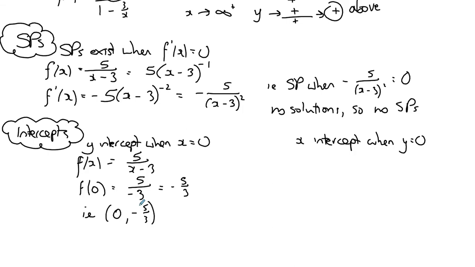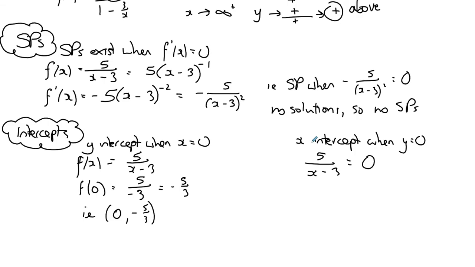And there may not be either a y or an x-intercept or both, so you might sometimes get one or the other. It just depends on the nature of the curve. X-intercept when y equals 0, they're usually a wee bit harder to find. We sometimes might have to solve a polynomial equation, so we'll see what happens here. So our function is going to be, this time, 5 over x minus 3 equals 0, because effectively f of x or y is equal to 0.